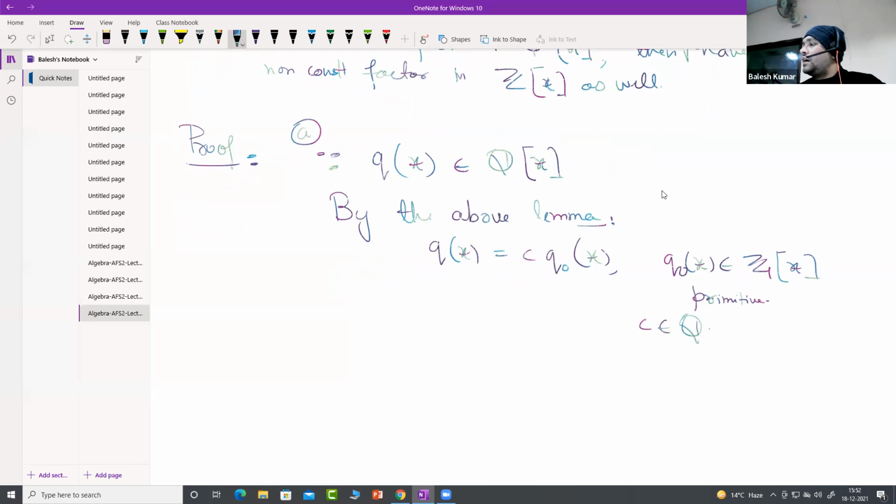Now our aim is to show that C is an integer, then we are done. Then q of x will be an integer polynomial, right?